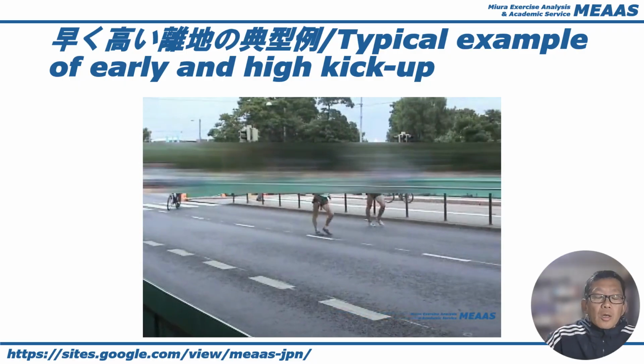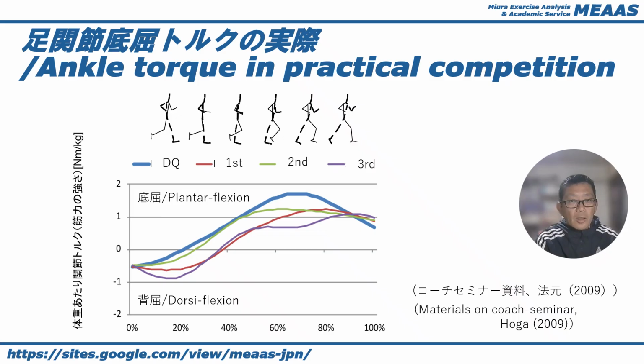So I'll show you that these two occur with a strong push-off with the Achilles tendon and hamstrings. And this is data which describes how strong ankle force and hamstring force result in the high kick up.